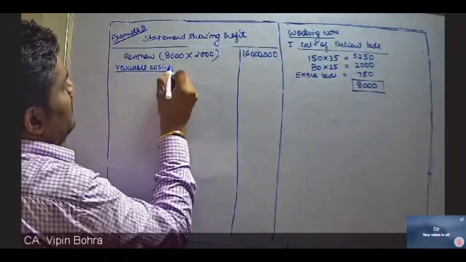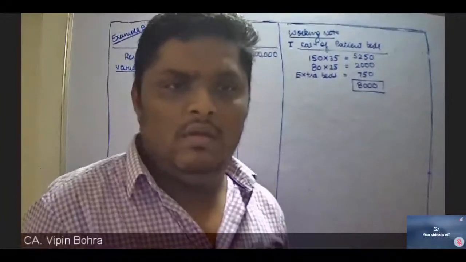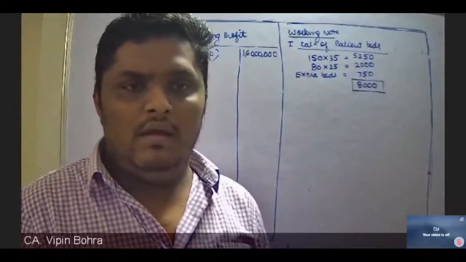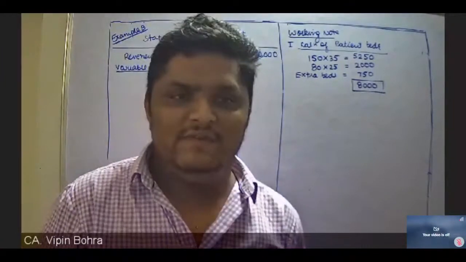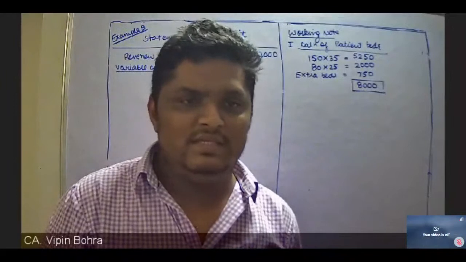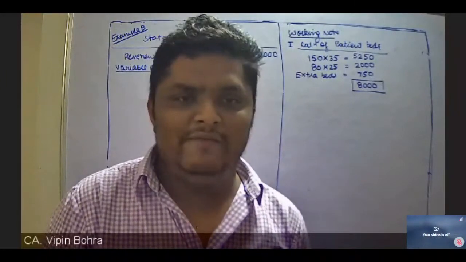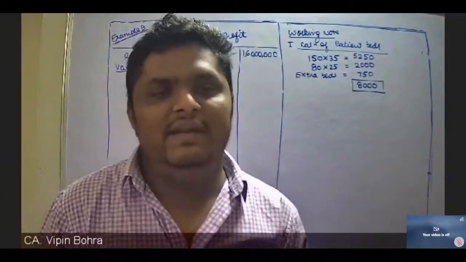Whatever the variable costs are, write them down. Rent is fixed, supervisor is fixed, nurses are fixed, ward boys are fixed. Doctor is paid rupees 2,50,000 per month, paid on the basis of the number of patients attended and time spent by them.